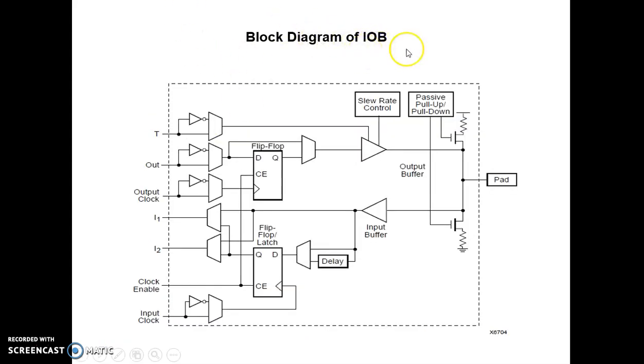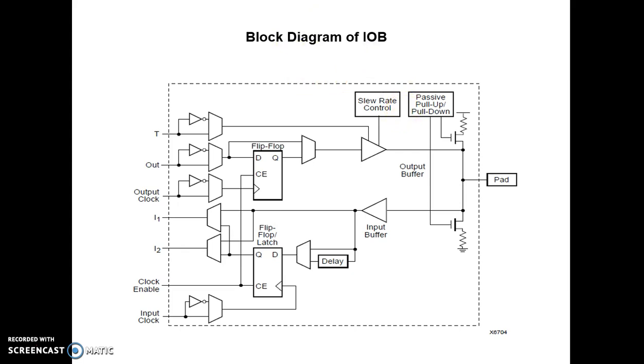Input-output block, that is IOB. The IOB's other logic controls are selectable polarity using multiplexers for its 4 inputs that come from the CLB array via programmable interconnect.